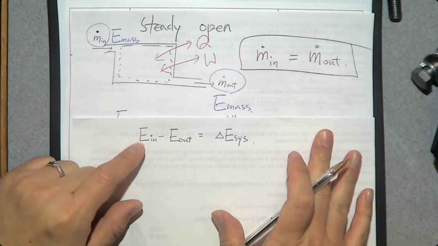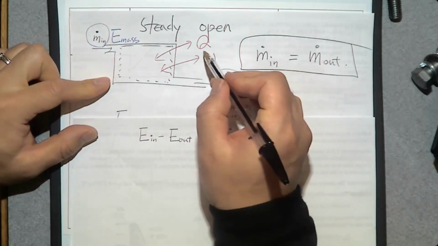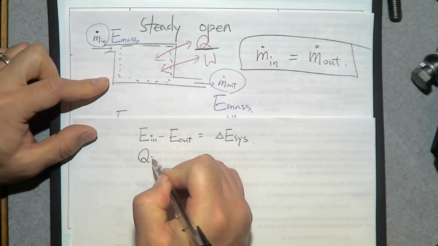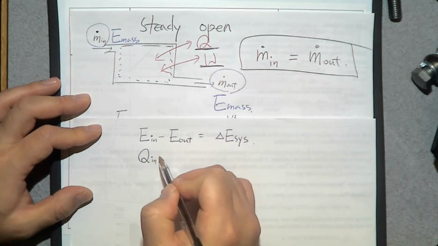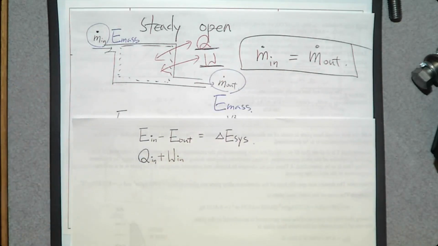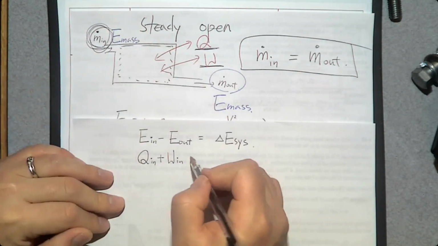Then let's think about energy transfer into a system. First, we can consider energy transfer by heat, Q in. Then we can consider energy transfer by work, W in. Okay, nothing new, the same as the previous chapter 3. Then now we have energy transfer by mass.